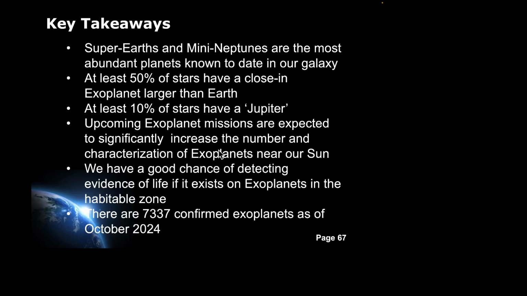Our upcoming missions are going to have increased resolution and should significantly increase the number and understanding of exoplanets. We also have a good chance of detecting evidence of life if it exists on exoplanets in the habitable zones. And there are over 7,000 confirmed exoplanets as of October of 2024.